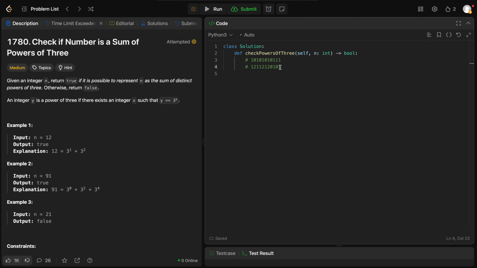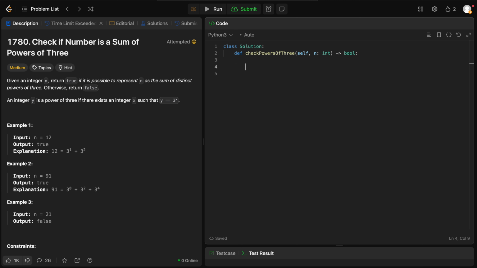So you use 1, 3 to the 0, plus 3 to the 2, and you see here number 2, and this means that to build this number you have to use 2 times this power of 3, and that's essentially it.